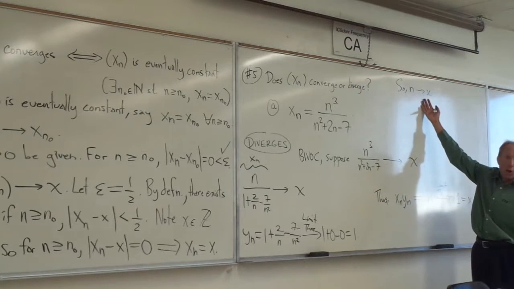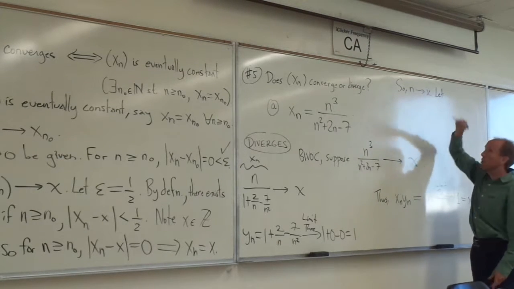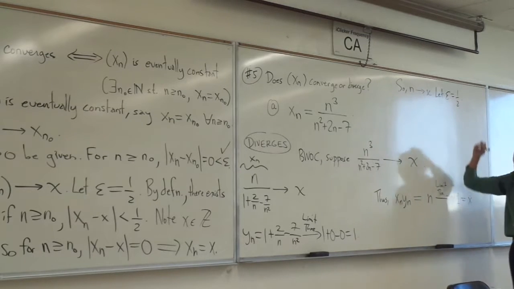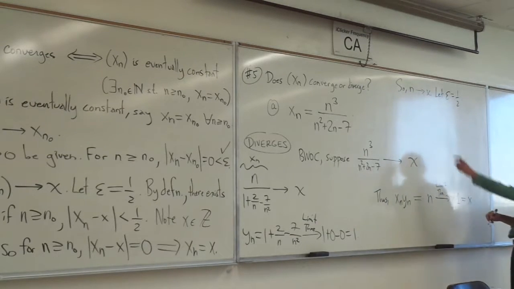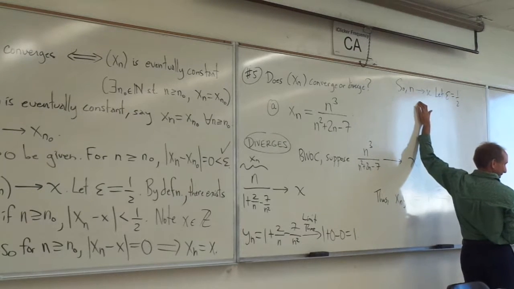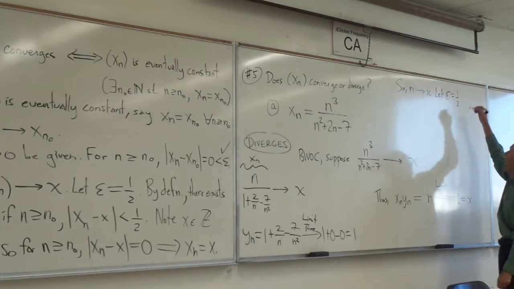This means that for all epsilon, there exists an n naught such that yada, yada, yada. So let's pick an epsilon that's small enough. Let's try 1/2 again, maybe. Okay. I'm going to contradict this right now. It's so obvious it should not be true. But let's try to write it down. Let epsilon be equal to 1/2.